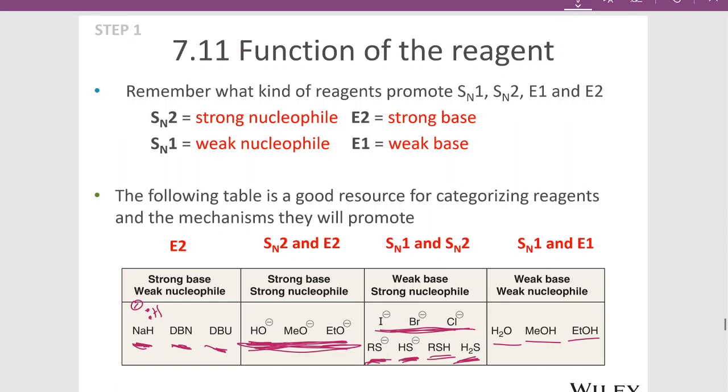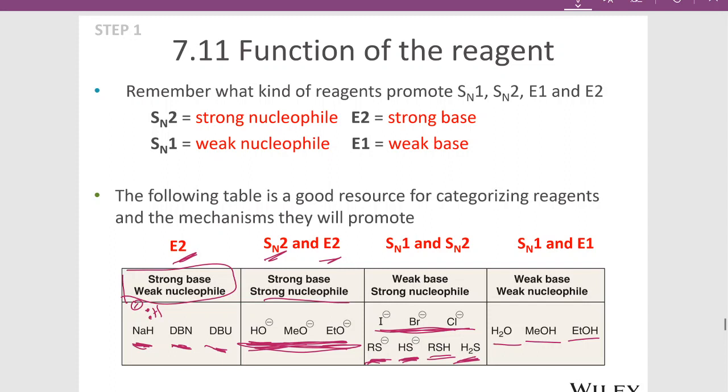Okay. So knowing the function of the reagent can help us predict whether we're going to get an SN1, SN2, E1, or E2 reaction. So if we have a strong base and a weak nucleophile, we're going to get only E2. If we have a strong base and a strong nucleophile, we can get SN2 or E2 reactions.